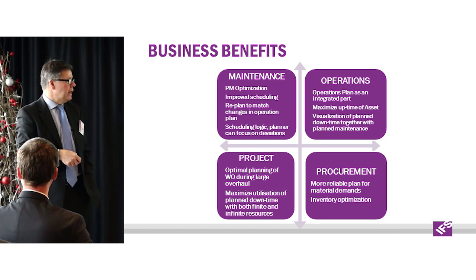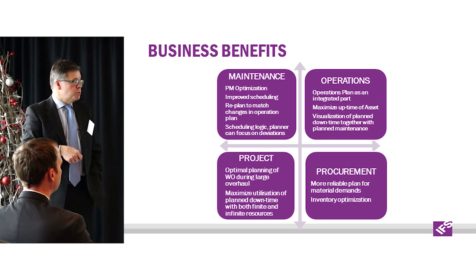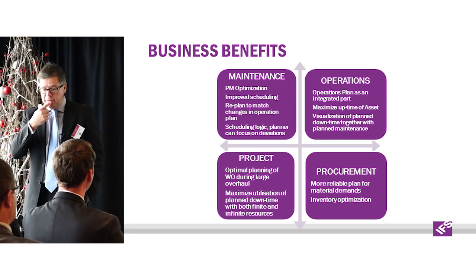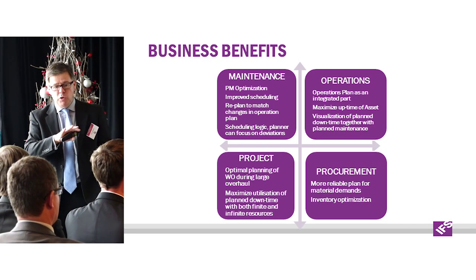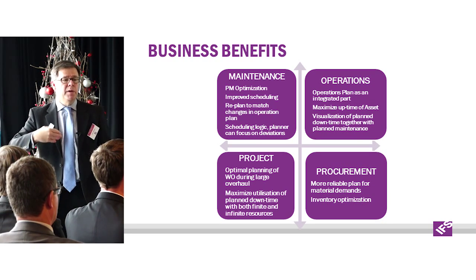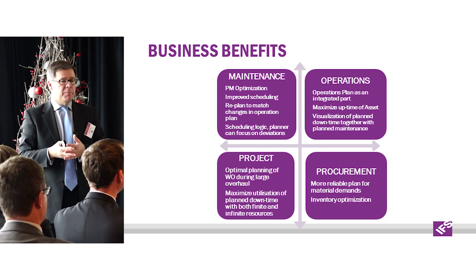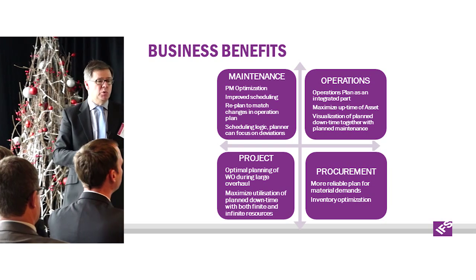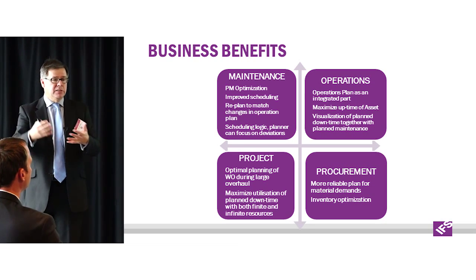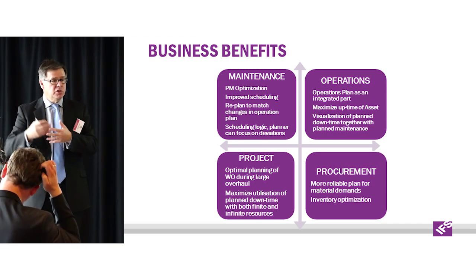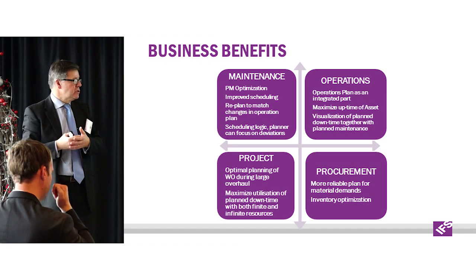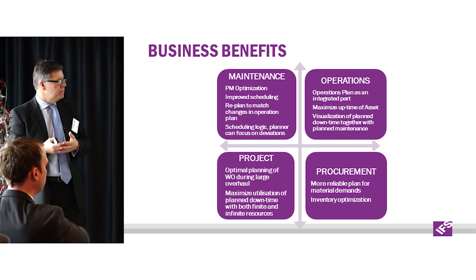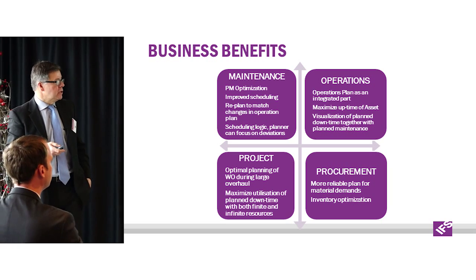So that's major planning of a large overhaul. You can use both finite and infinite resources. So if you want to assume how could we better manage this plan if we had more resources, you can add more resources into the database. These could be subcontract services, external services, maybe we hire more staff. All of that level of detail can come in.